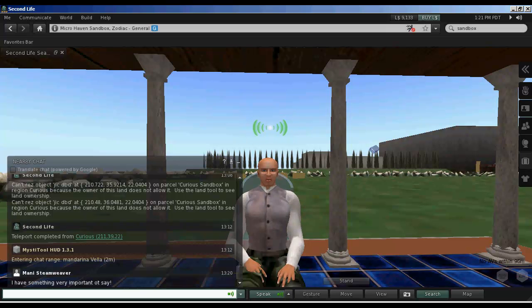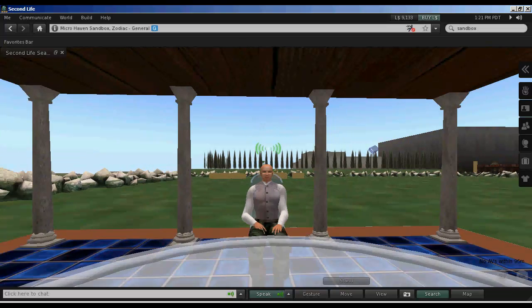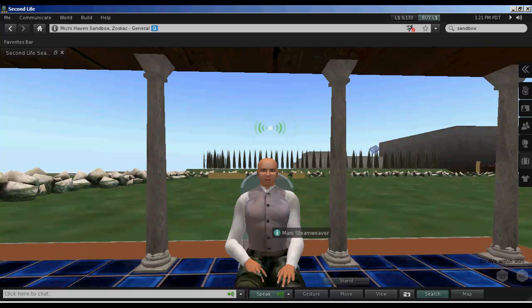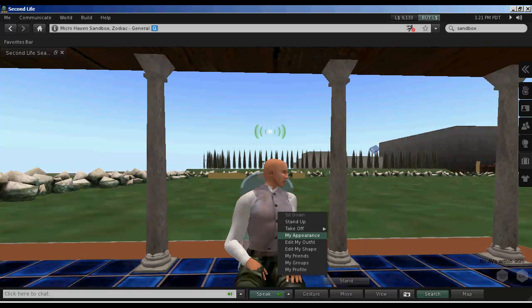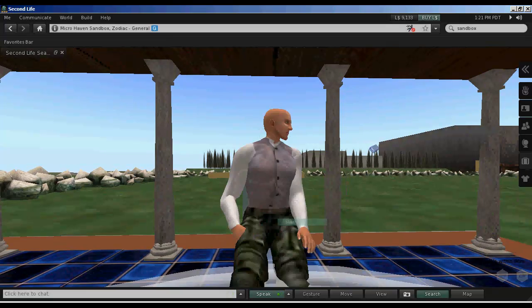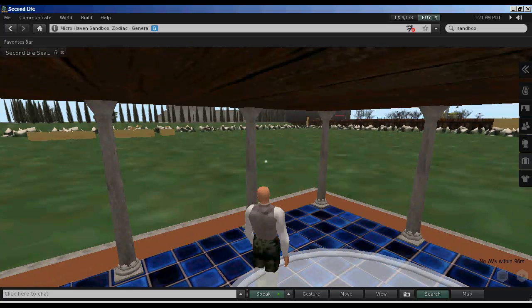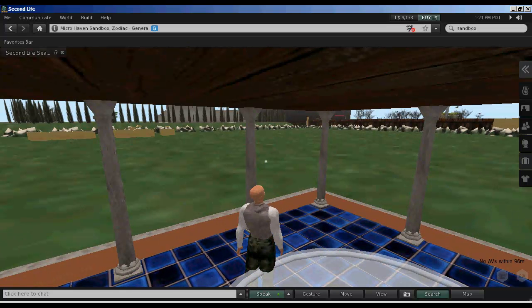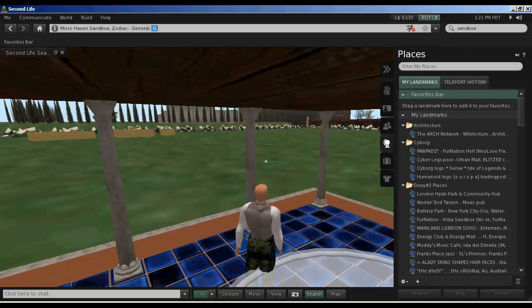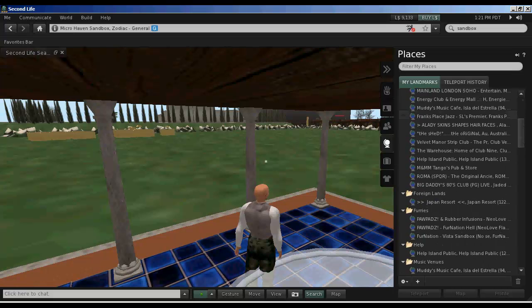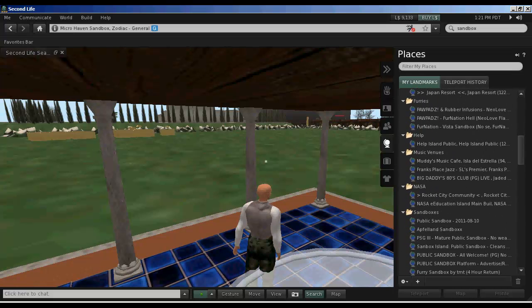I'm going to make my avatar stand up and we're going to visit the site of the engineering role plays. We're going to go to my own virtual property, once I can find it in my inventory here.